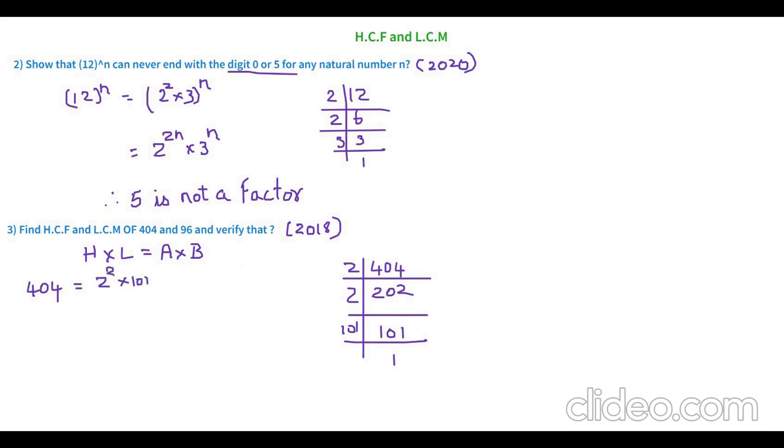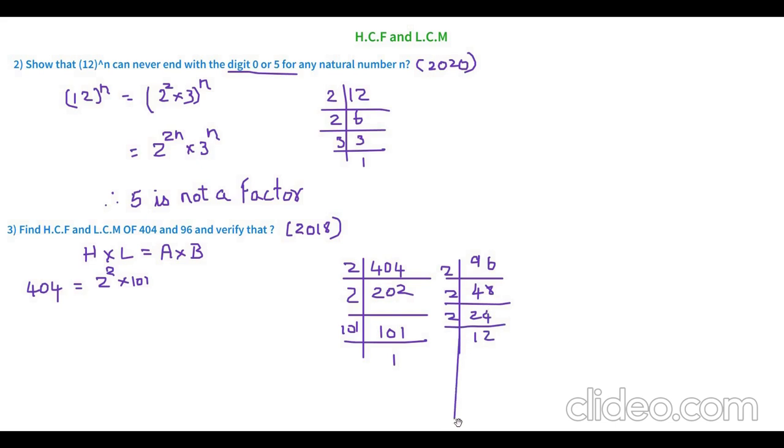Now let's find for 96. So 96 is divisible by 2. We get 48. 48 is again divisible by 2. We get 24. 24 is again divisible by 2. We get 12.